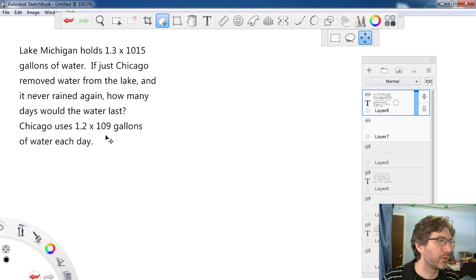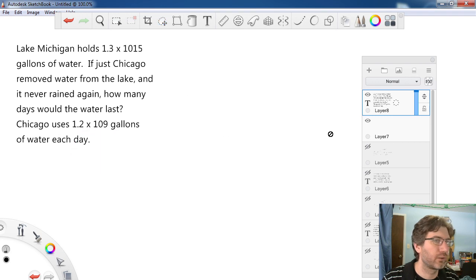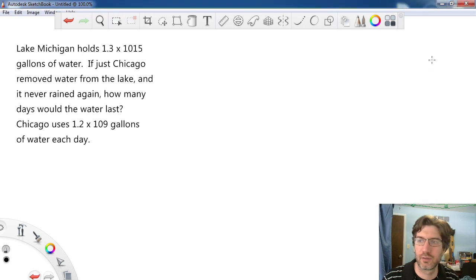Yeah, it did not like my exponents. So let's clean that up a bit. This number here is actually 1.3 times 10 to the 15th. This number here is actually 1.2 times 10 to the 9th.